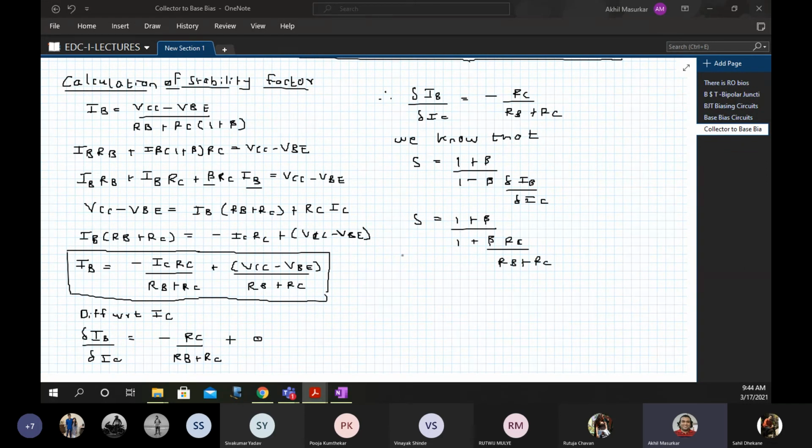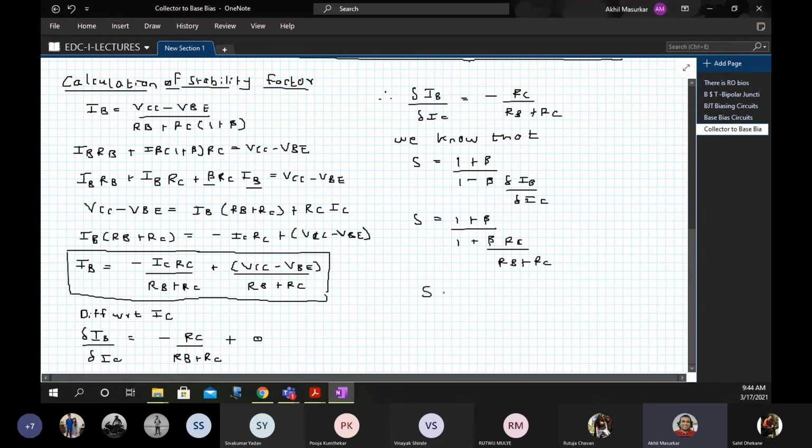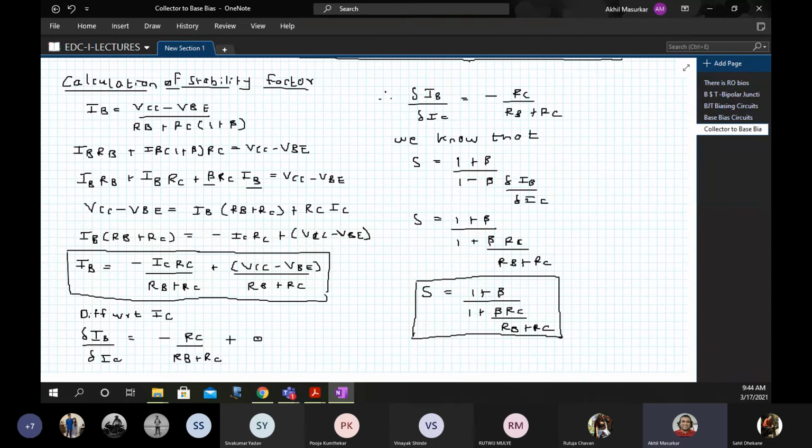Don't try to do much inside this, just leave it this way. It is 1 plus beta upon 1 plus beta RC upon RB plus RC. So this is the formula for stability.